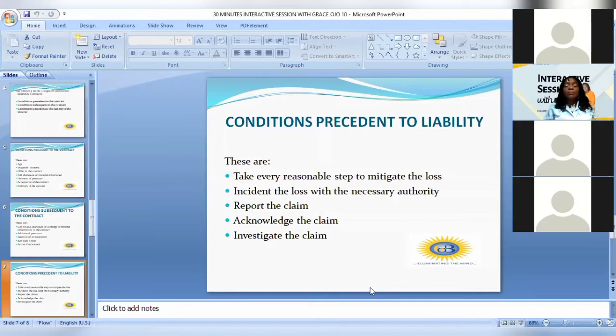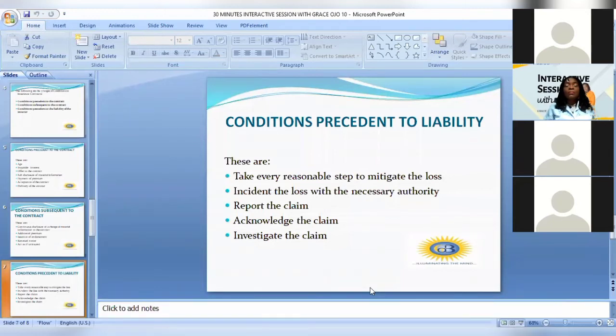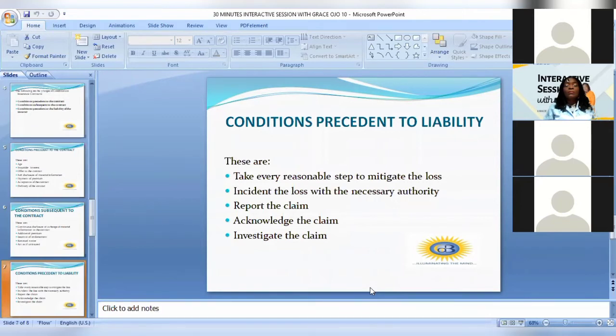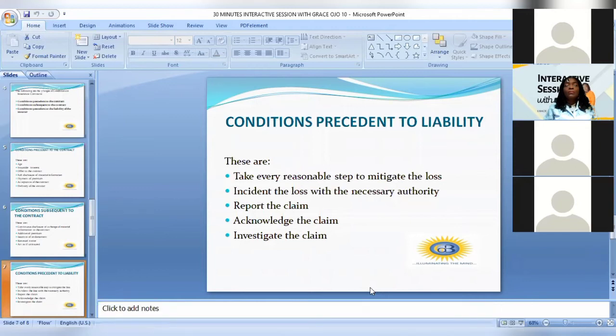An incident happened 2 days ago that I witnessed, and I was asking myself: the owner of the car tried to mitigate the loss by putting a fire extinguisher in place, and some other motorists were trying to help so that the fire would not extend to all the parts of the car. But unfortunately, the whole engine compartment of the car got burnt together with the front.